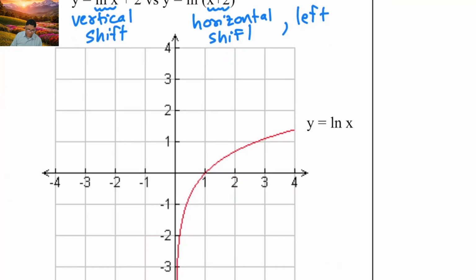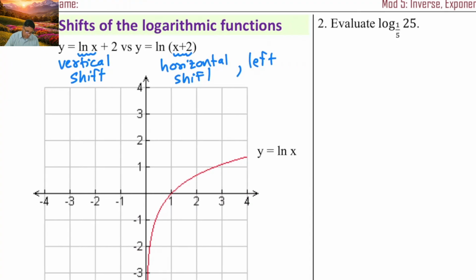So with just that idea, let us sketch the graph. So ln x plus 2 will be shifted vertically 2 units. So say instead of at 1, instead of 0, it will be there. At 2, it will be here. At 4, it is here.